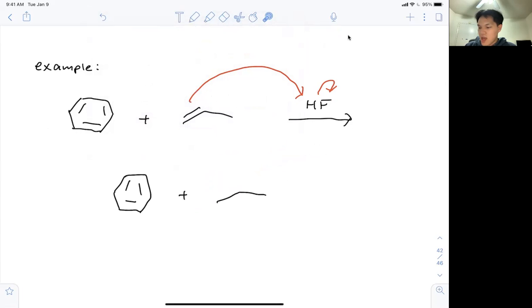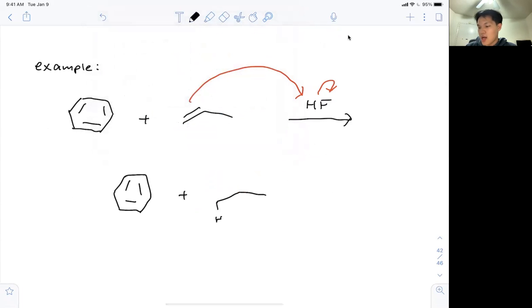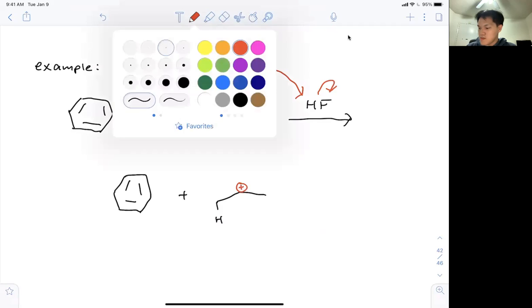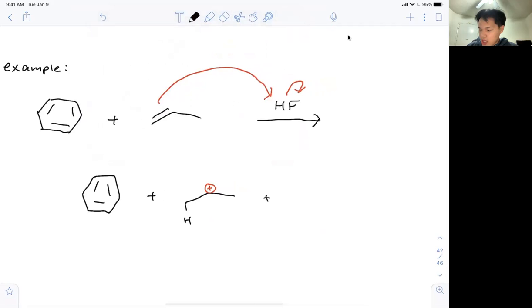So if the carbocation went here, it's a primary carbocation, which is bad. So we would want the carbocation to be right here, which is a secondary, which is a lot better, right? So we have this is the hydrogen, and we have this positive charge here. And then we have the fluorine that just left.